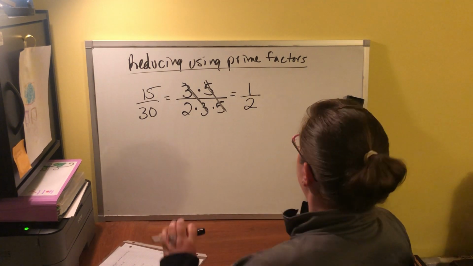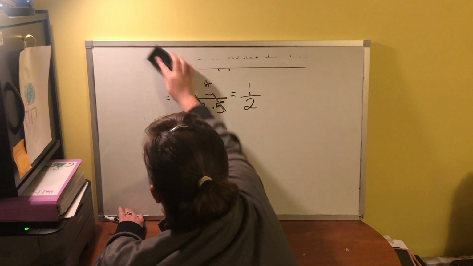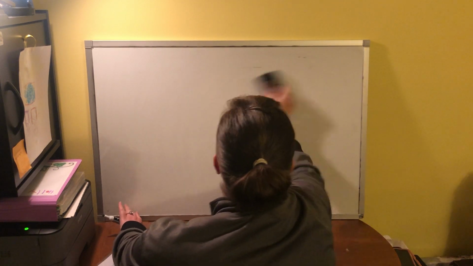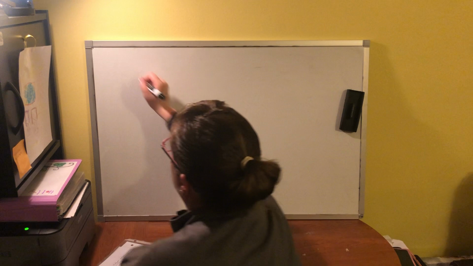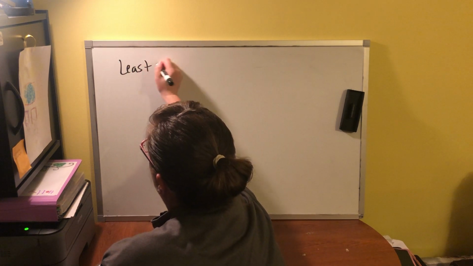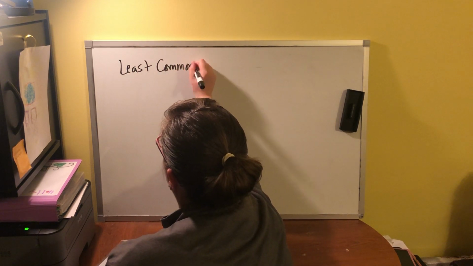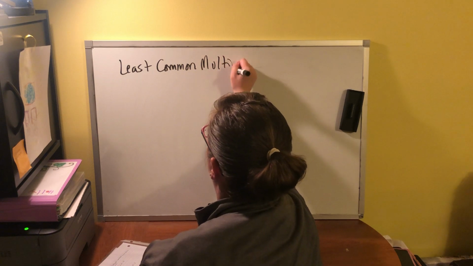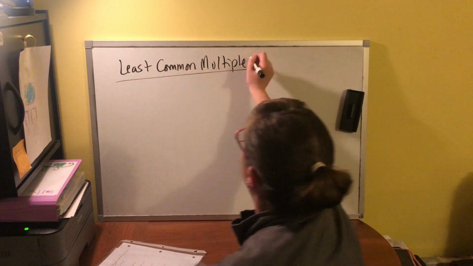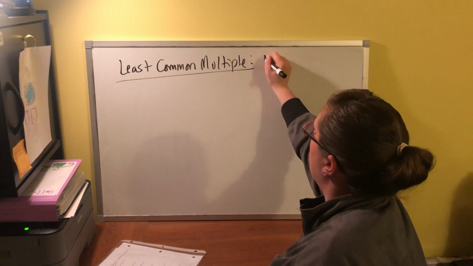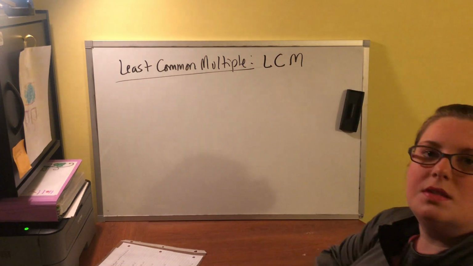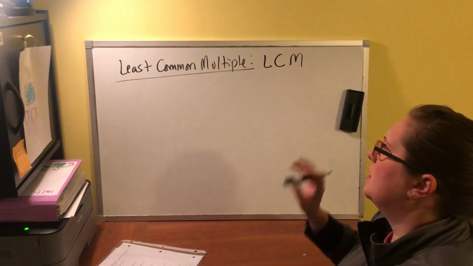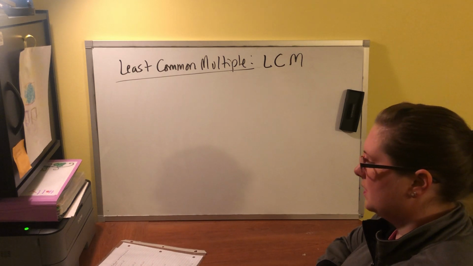All right, the last thing in this section to prep us for section point 2 is dealing with least common multiples. Least common multiples, you might remember seeing these as LCMs. Okay, you'll see that in the book as well. So least common multiple, LCM.